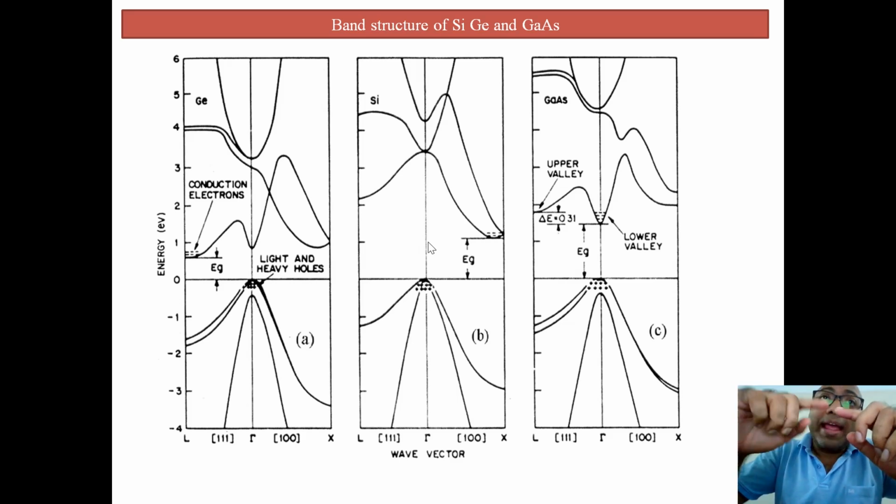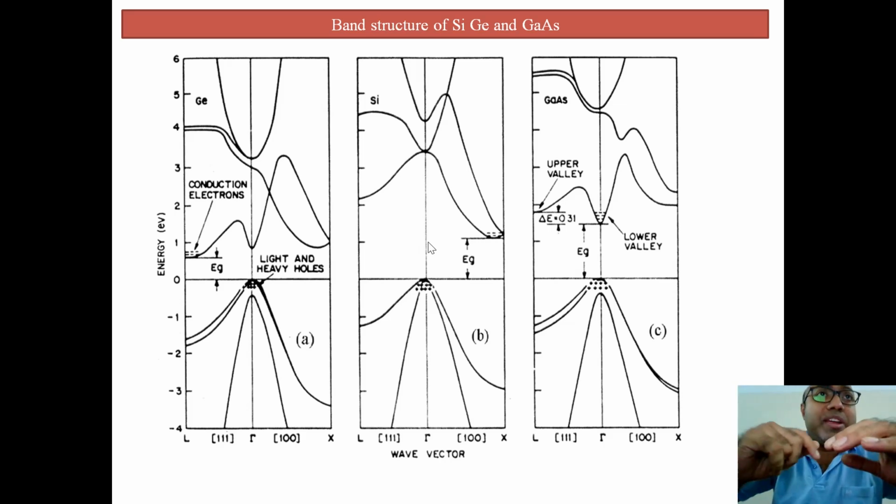It might have s, p, d, or sp, hybridization, spd, sp2, all kinds of hybridization. That means it's not restricted to only s. It might have s, p, d, all kinds of basis function.